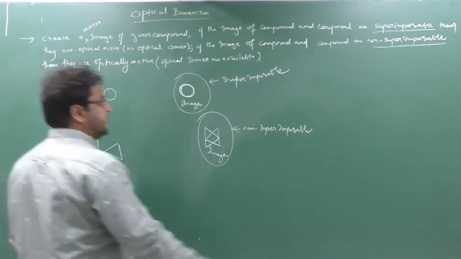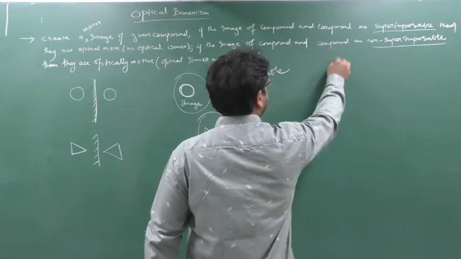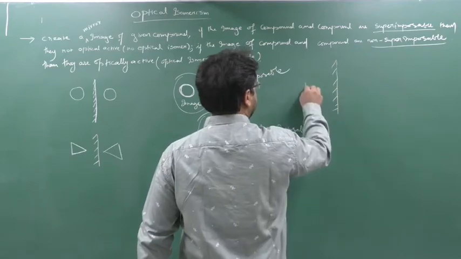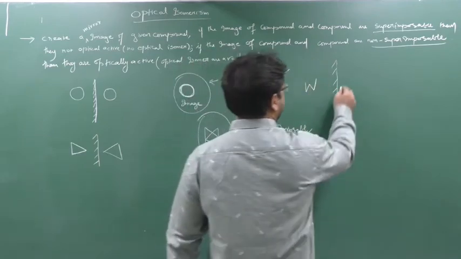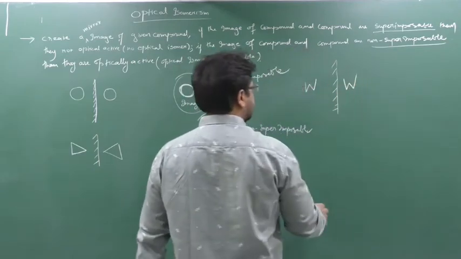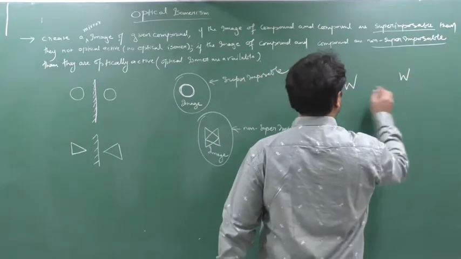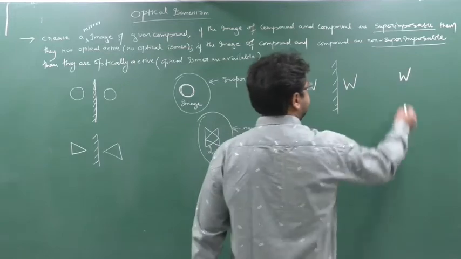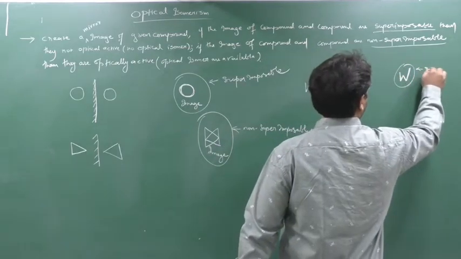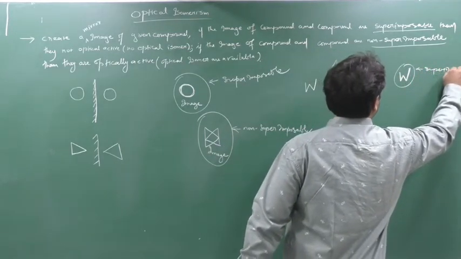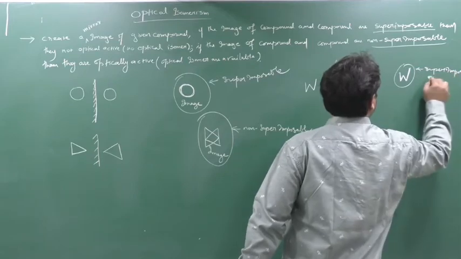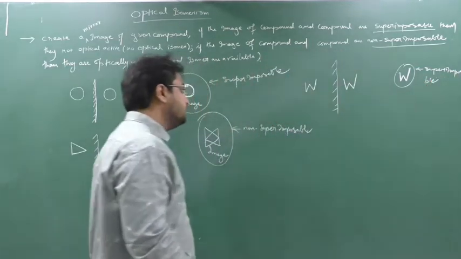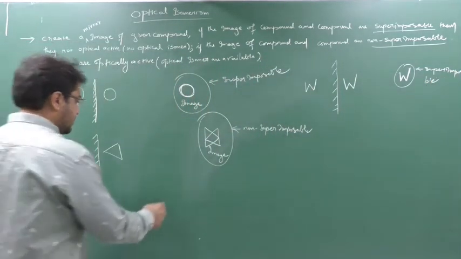Suppose one more example for superimposable. See, this is W. When I create an image, I will get the same thing. When I put the object on the image, I get the same, no change. So this we call superimposable. Are you understanding or not?